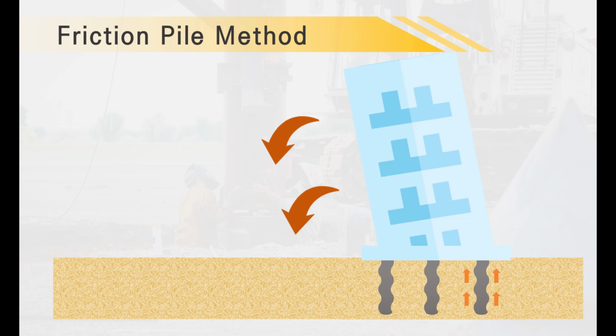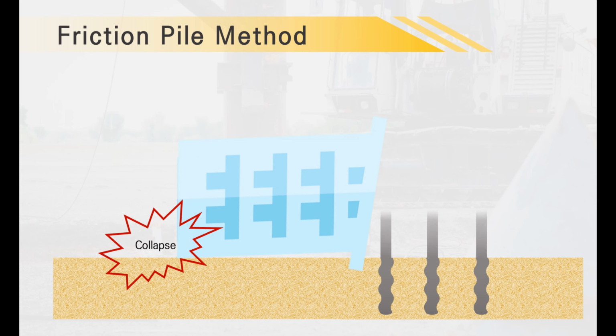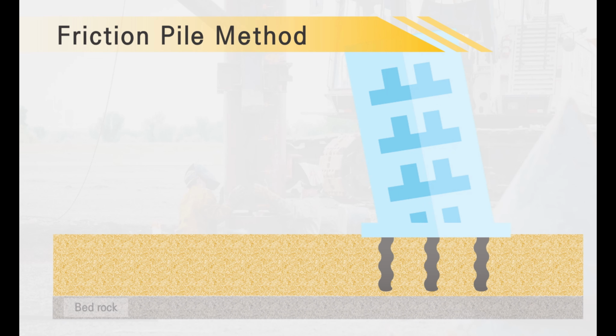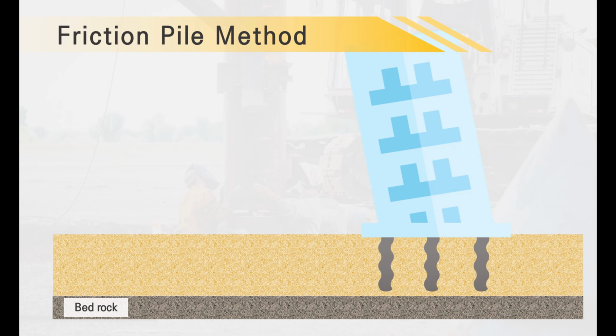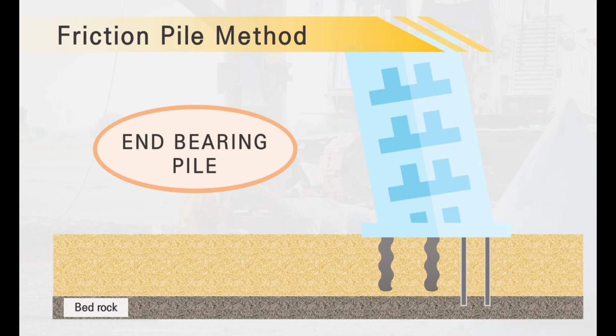The pile on the opposite side of the inclination would have to endure immense amounts of tensile strength, and unable to resist more, it would collapse. The engineers felt the need to transfer the load to the depth of a bedrock, and to do so, they needed a longer pile than the friction pile. So, they decided to bring in the end-bearing pile method.